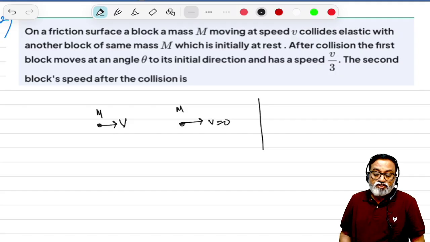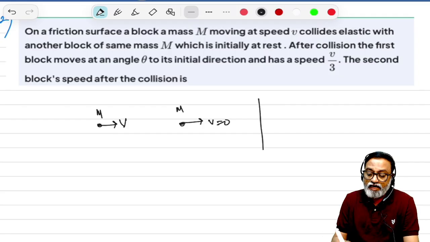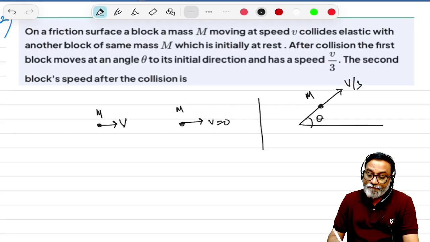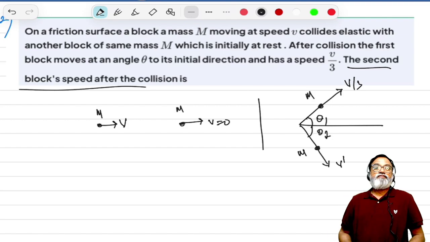After collision, the first block moves at an angle theta to the initial direction with speed v by 3. This angle is theta. And the second block, I am taking for example this body of mass m moving with velocity v dash. This angle I am taking theta 1, this one is theta 2.